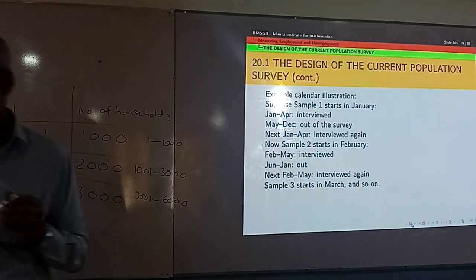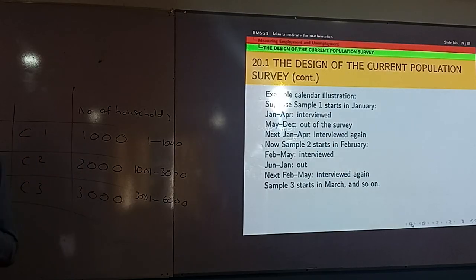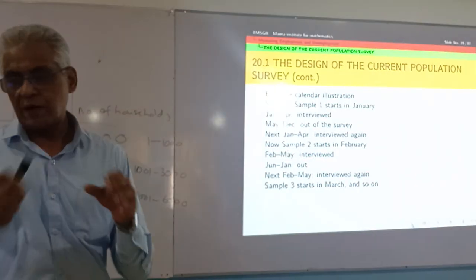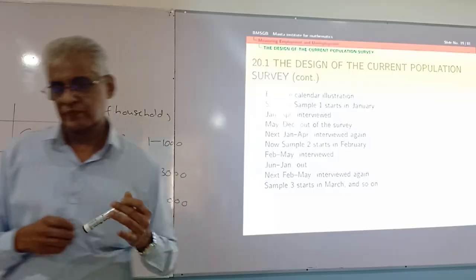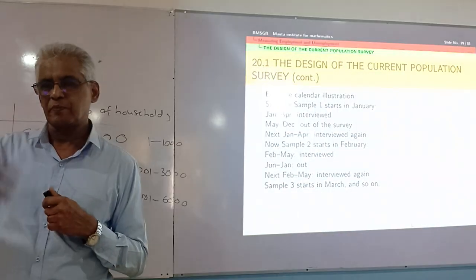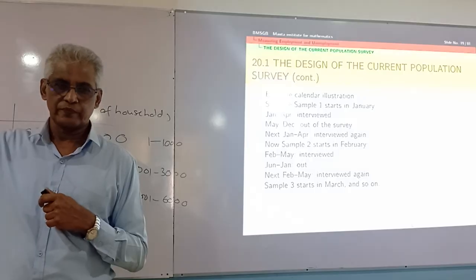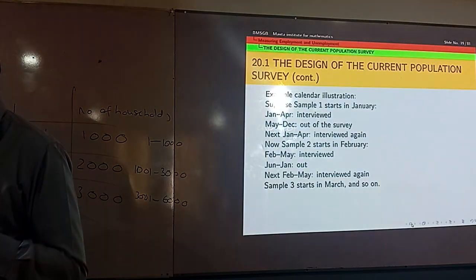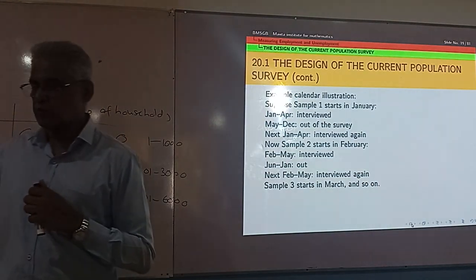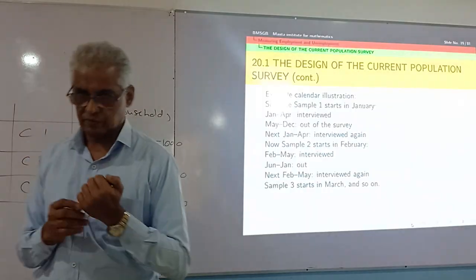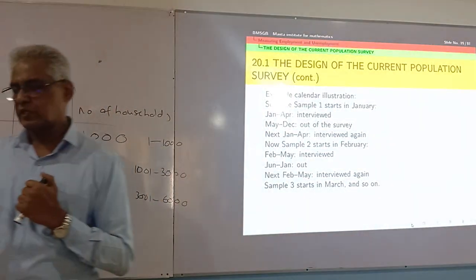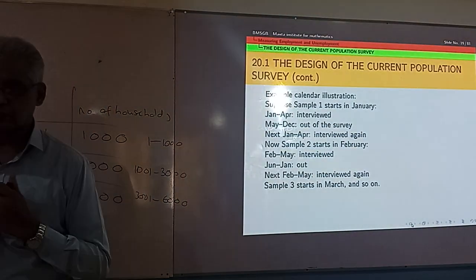So how are these 16 samples going to work? It's like this. Suppose, for example, sample 1 starts in January, right? All the houses in sample 1 are going to be interviewed from January to April, and then those houses will not be interviewed from May to December, and then again they will be interviewed next January to April.